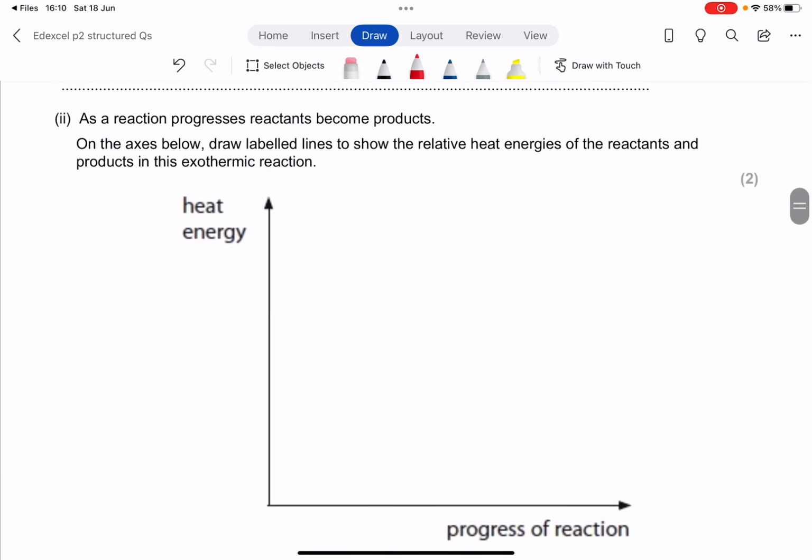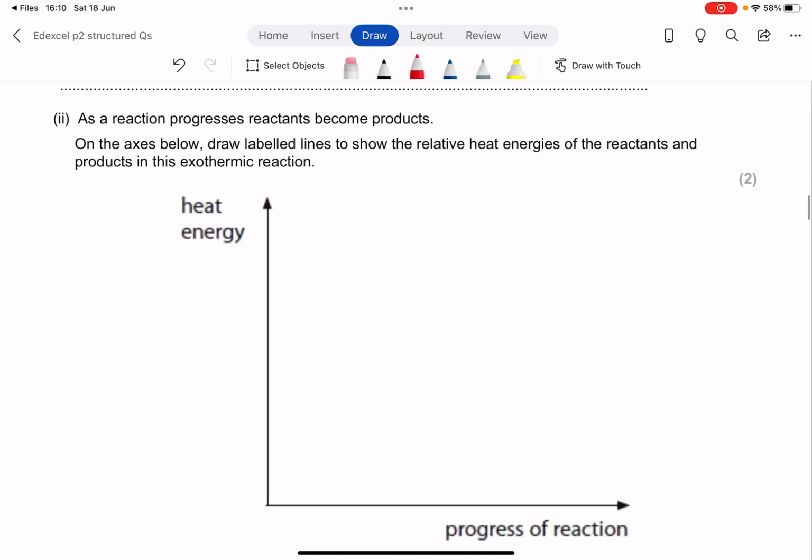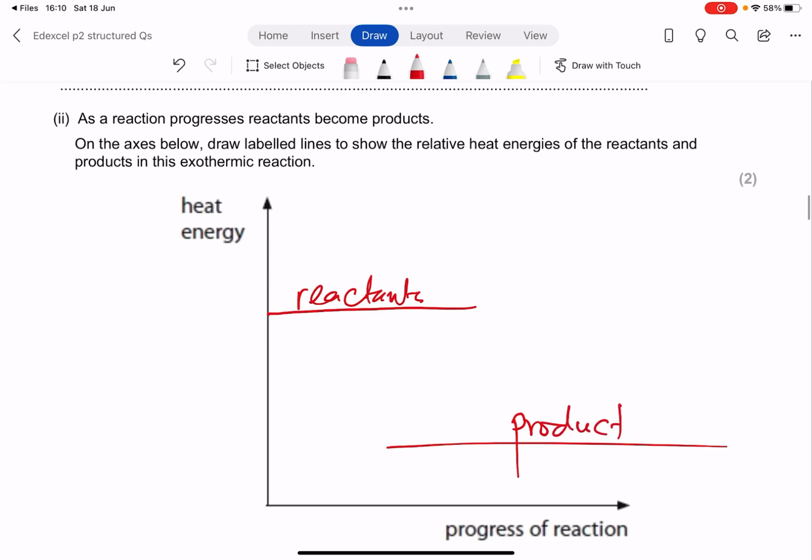Now, as a reaction progresses, reactants become products. On the axis below, draw labeled lines to show the relative heat energies of reactants and products in an exothermic reaction. In an exothermic reaction, reactants have more energy than products. This arrow that goes down is energy or heat released.